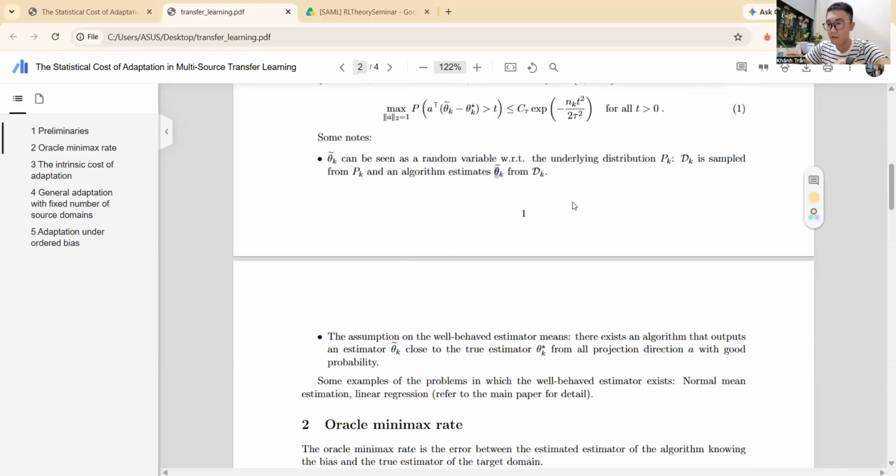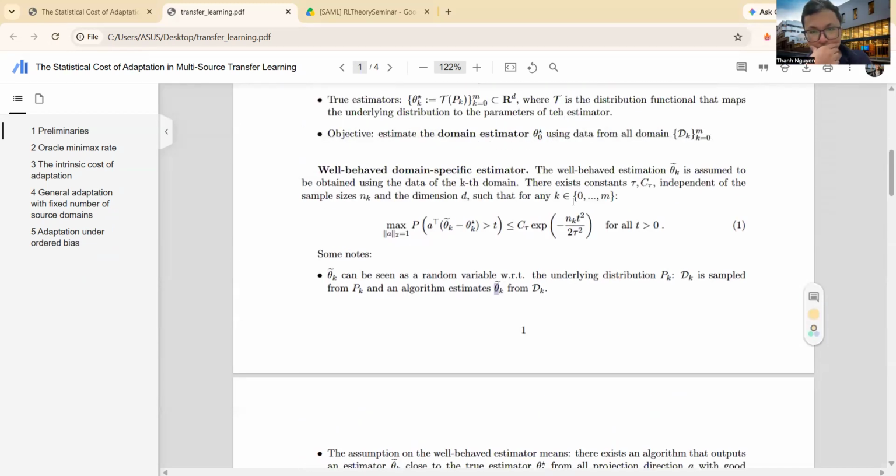And the assumption tells you that... What is tau? It's a constant, I think. Tau is a constant in the sub-Gaussian. That's fine. The probability here means that the probability of the distance being greater than t is bounded by the Gaussian.